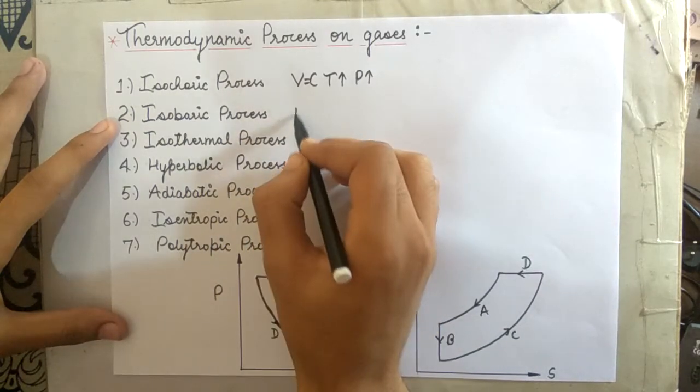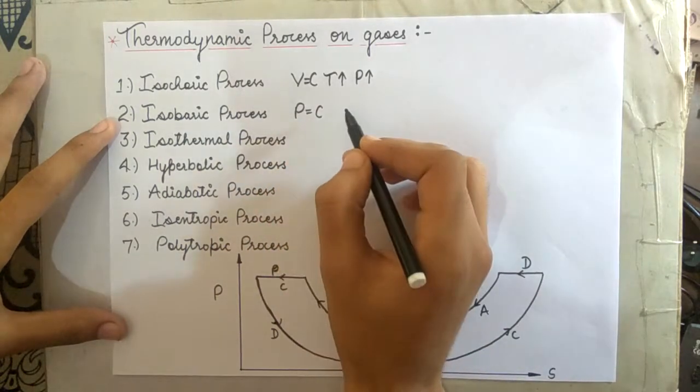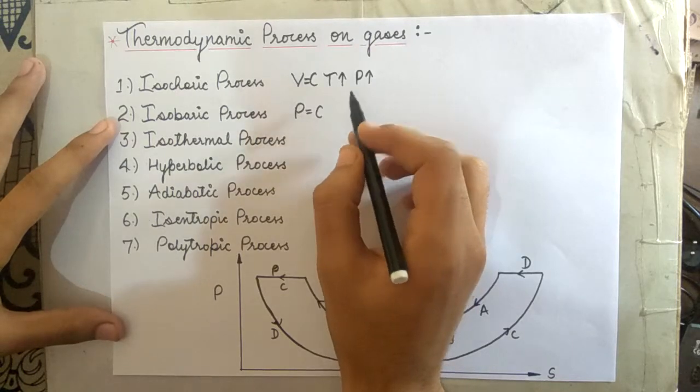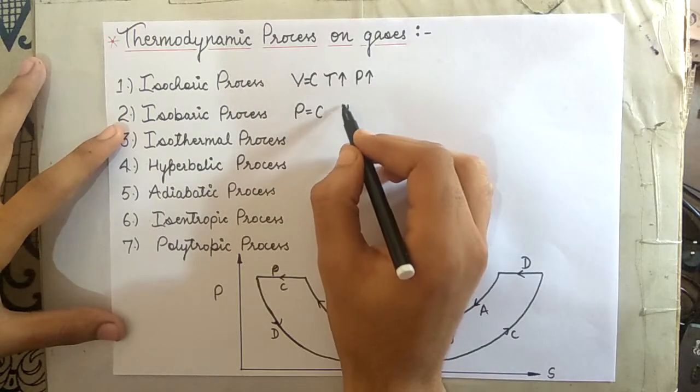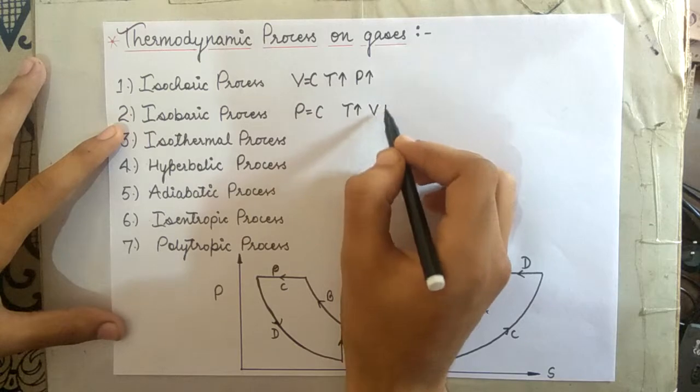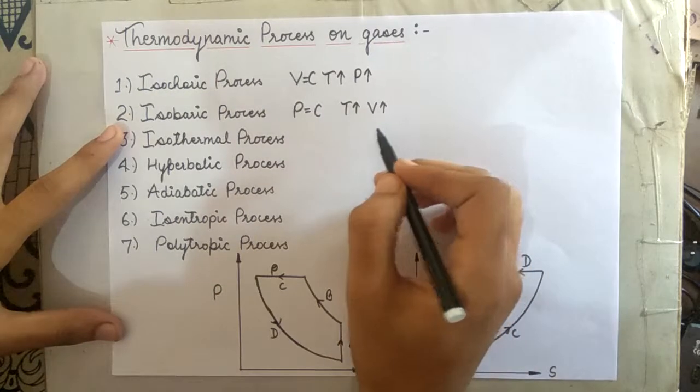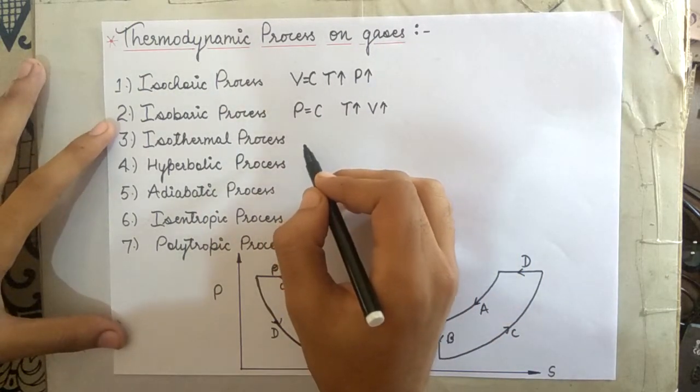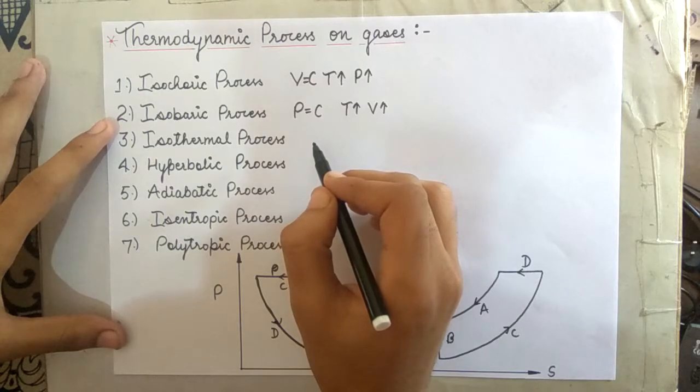Isobaric process is the process in which pressure remains constant, and when a gas is heated, its temperature will rise as well as volume. The third process is isothermal process. Isothermal process is a process in which temperature remains constant of any working substance which is to be heated.